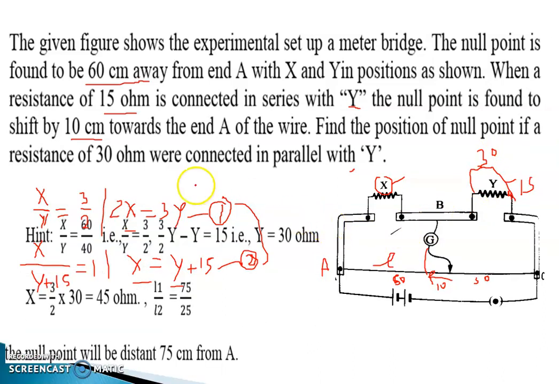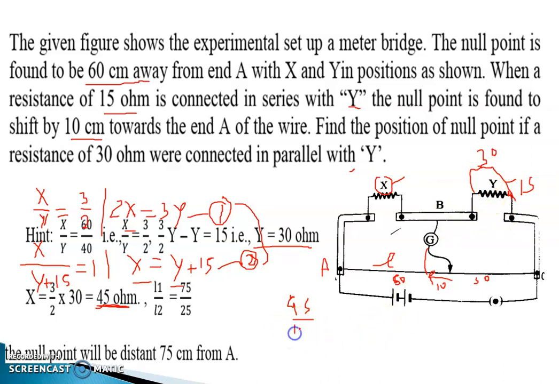So Y is equal to 30 ohm, and X can be calculated by this equation, and X will be 45. Then 45 is on one side, and 30 and 30 are in parallel, which means 15.